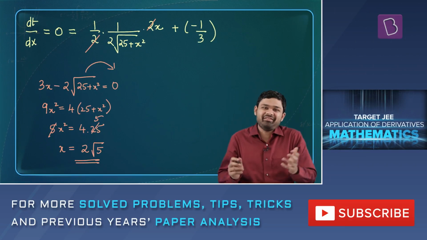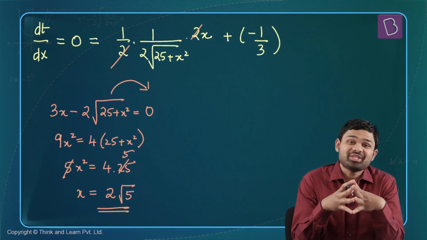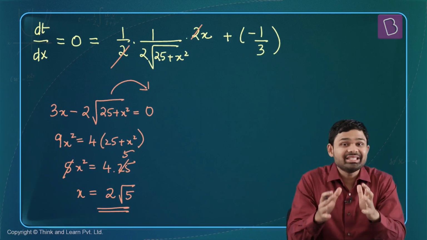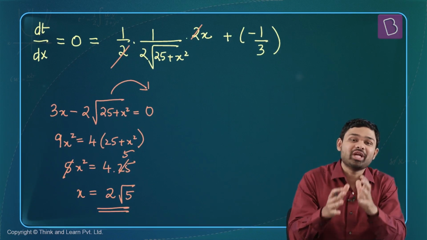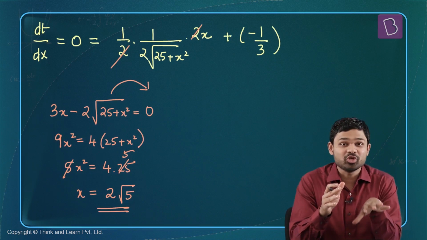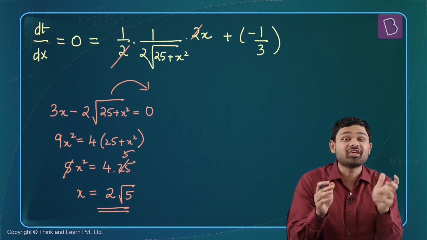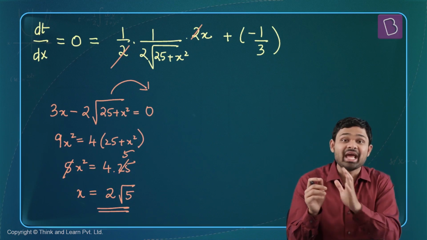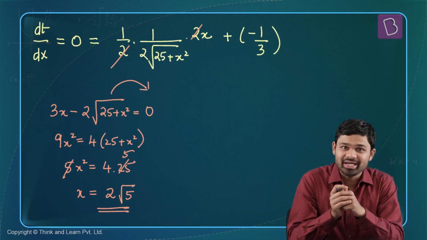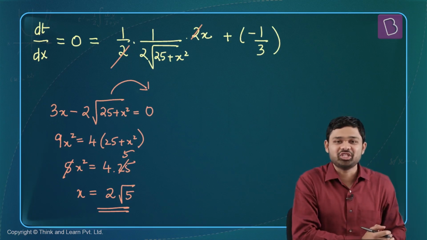Of course, negative x does not make any sense, so I consider the value of x to be 2 times under root of 5. So when x is equal to 2 times under root of 5, that is at a distance of 2 under root of 5 kilometers away from point A. If our man swims to this point, then the time he's going to take is going to be minimum to reach his house.